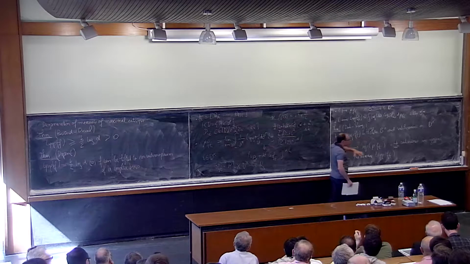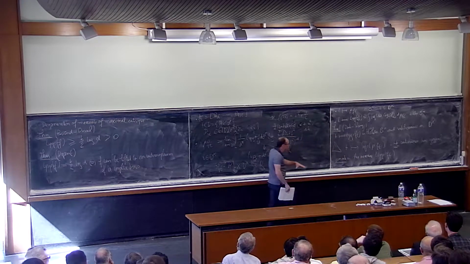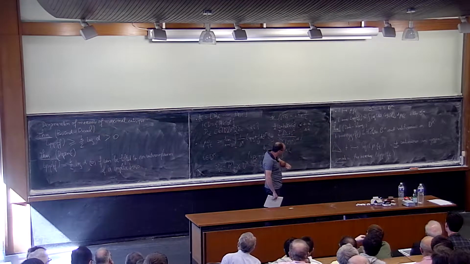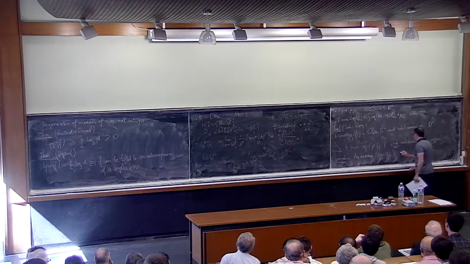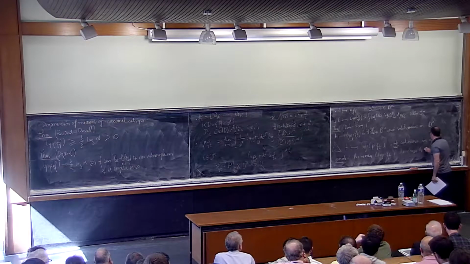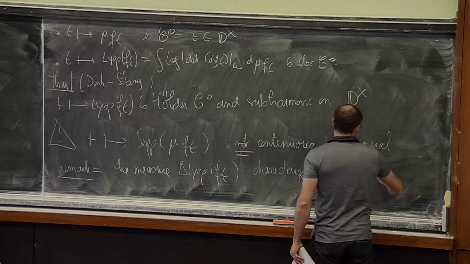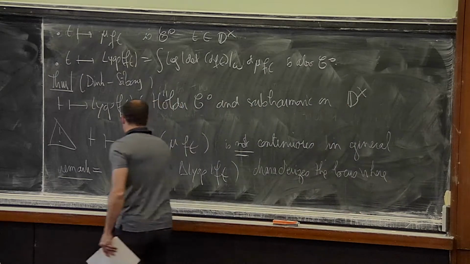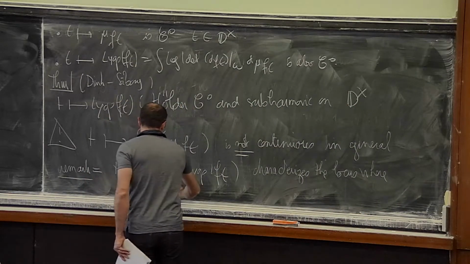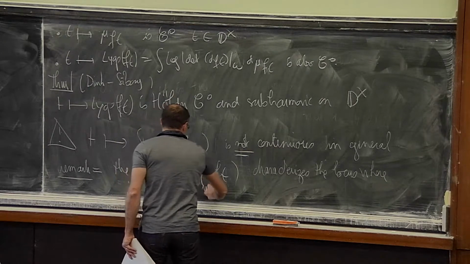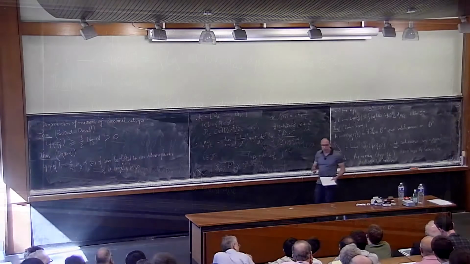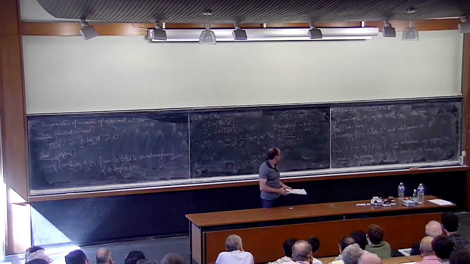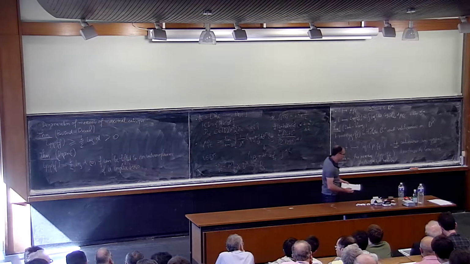The support of this measure captures the locus where the dynamics is unstable. So it's not exactly the locus where the support of the measure is not continuous, but almost.